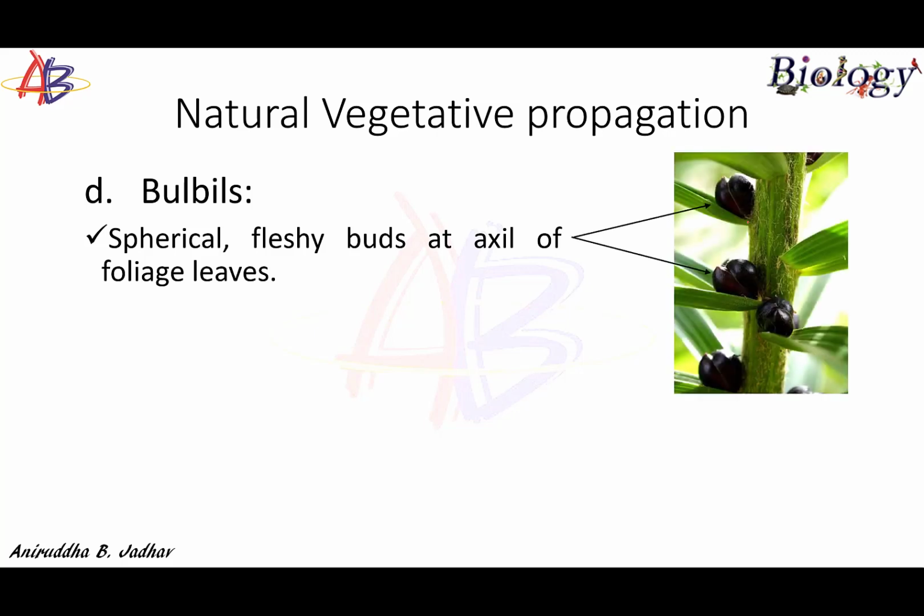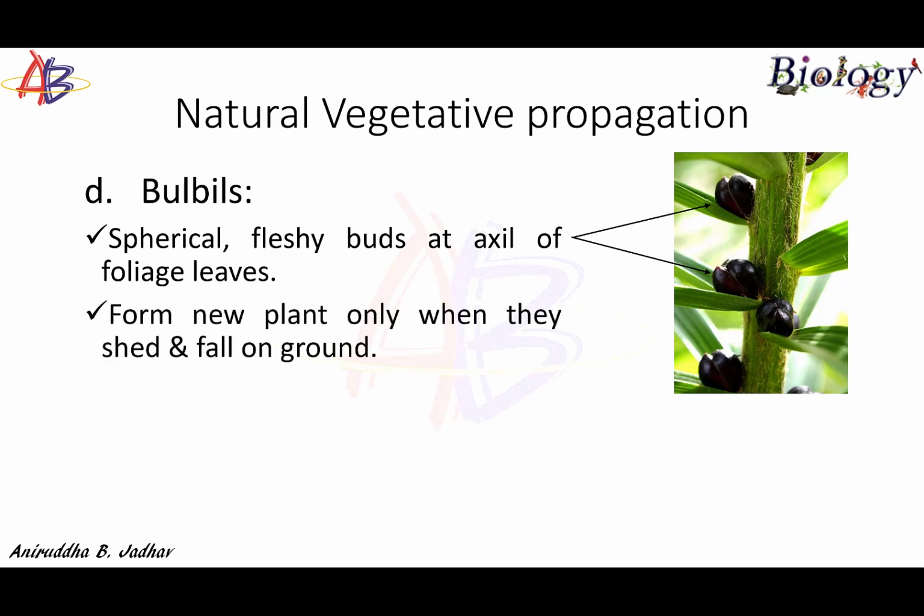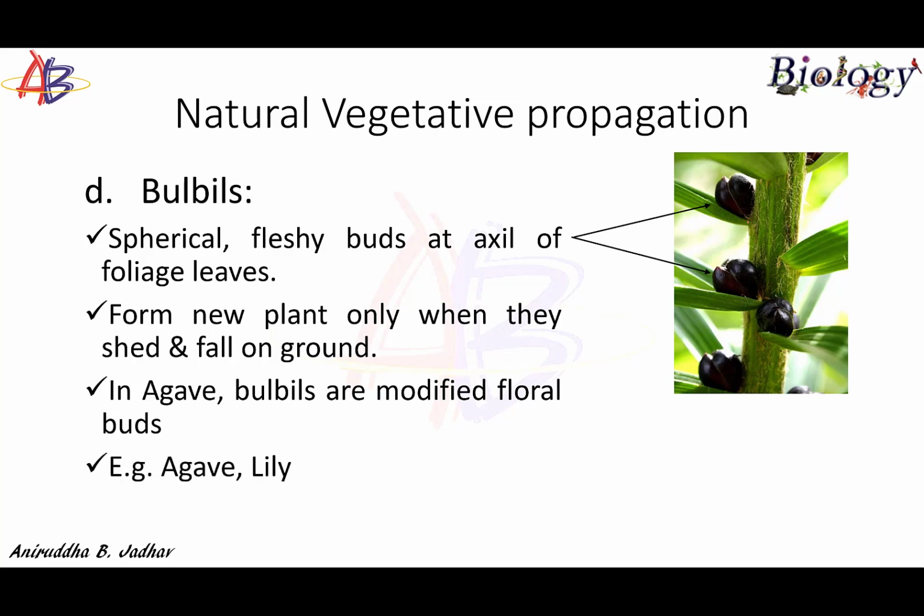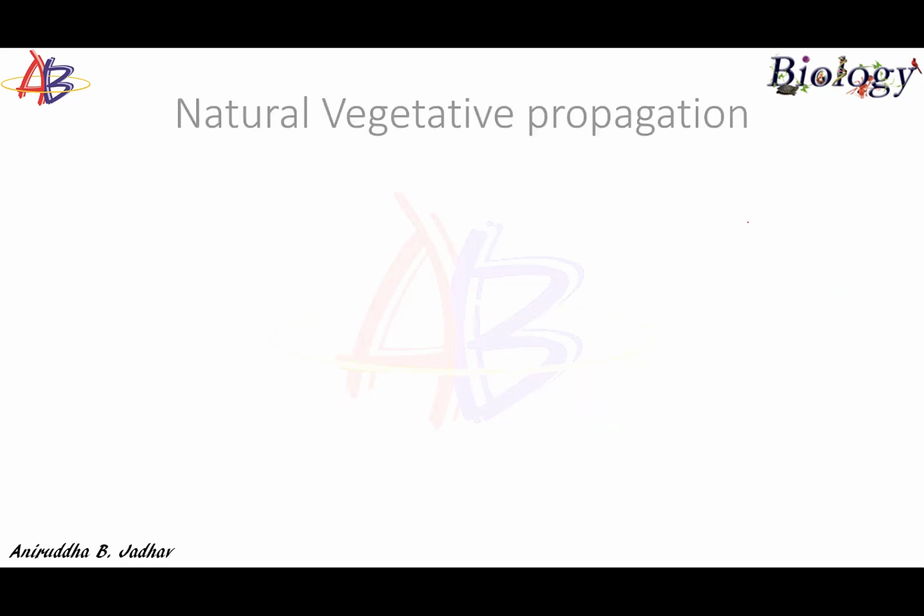Bulbils grow to form a new plant only when they shed and fall on the ground. In plants like agave, bulbils are modified floral buds that developed from the floral axis. Examples include agave and lily.